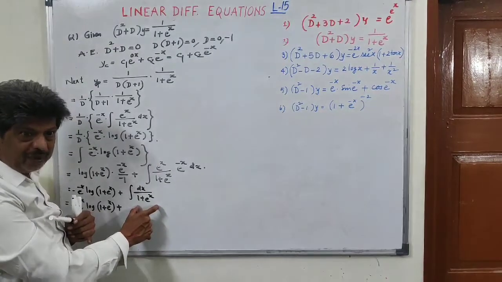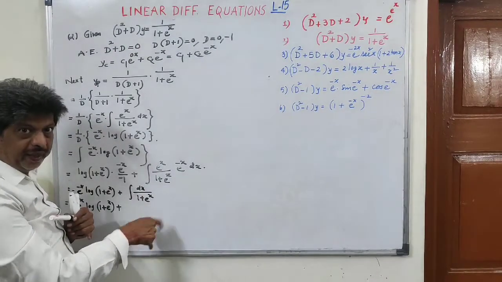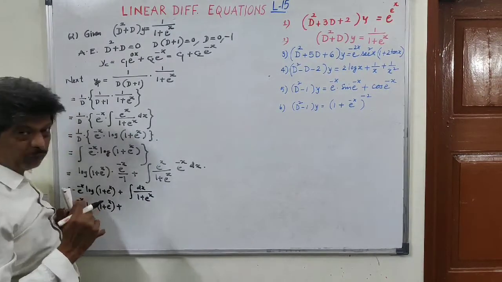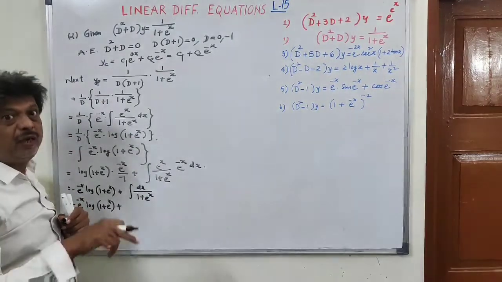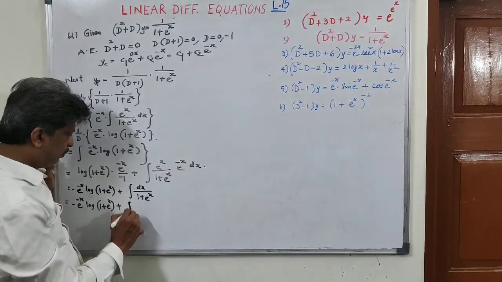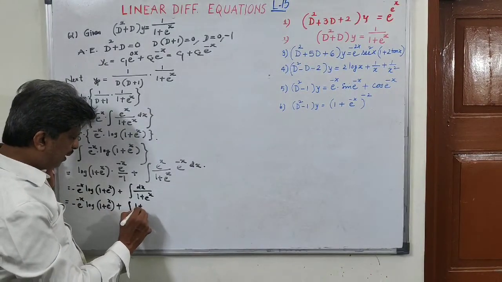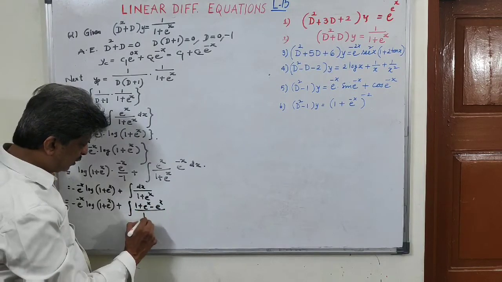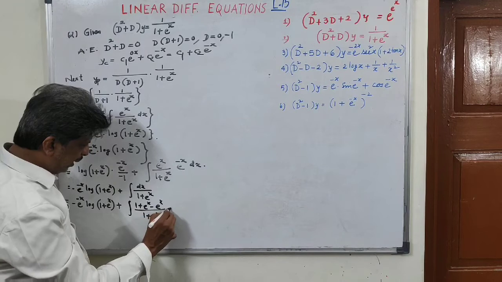Such types of examples do occur in 11th, 12th standard. So this is equal to, I am expressing numerator in terms of denominator. So it is 1 plus e power x minus e power x upon 1 plus e power x into dx.